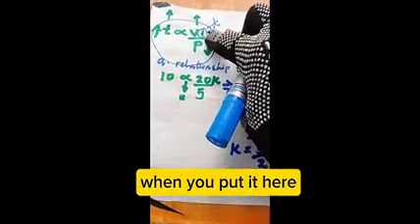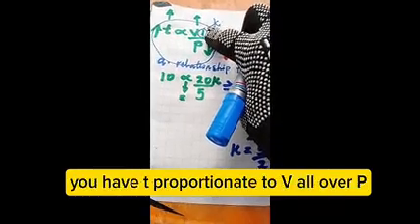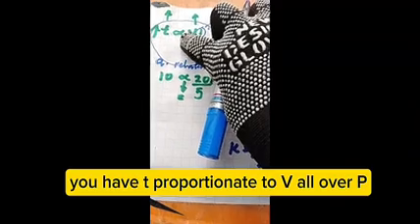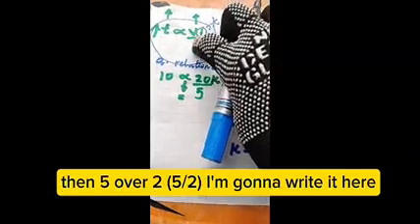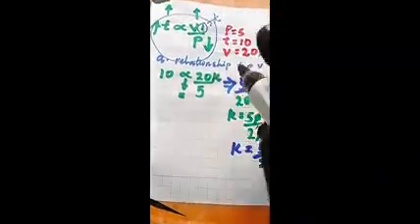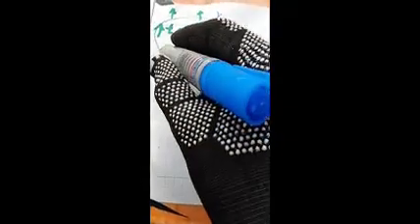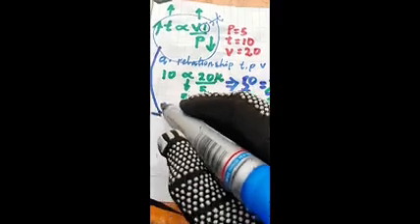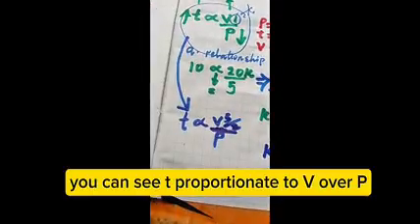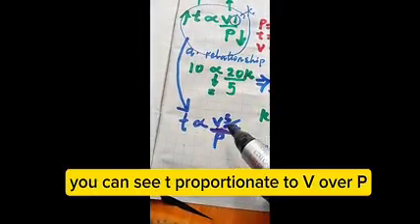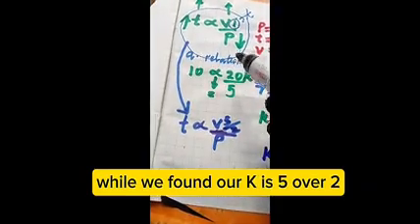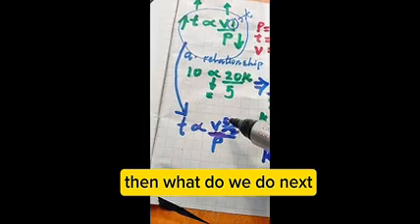When you put it here, you have T proportionate to V all over P, then 5 over 2. You can see T proportionate to V over P, while we found our K as 5 over 2. Then what do we do next?